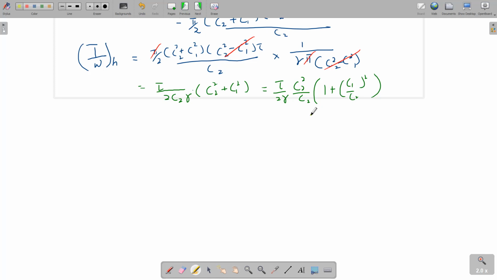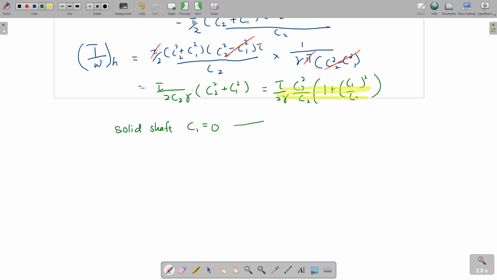Okay, so this is the expression we are going to make use of. It represents the ratio of torque to weight per unit length for the hollow shaft. We are going to create another one for solid shaft. And for solid shaft, you don't have inner radius, C sub 1.